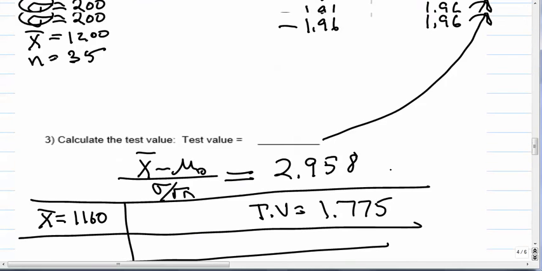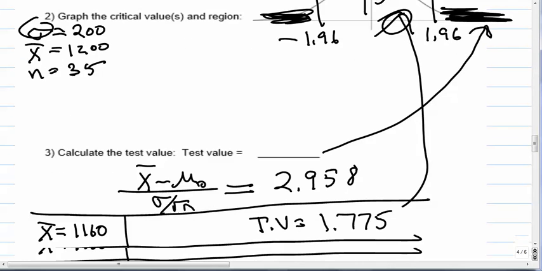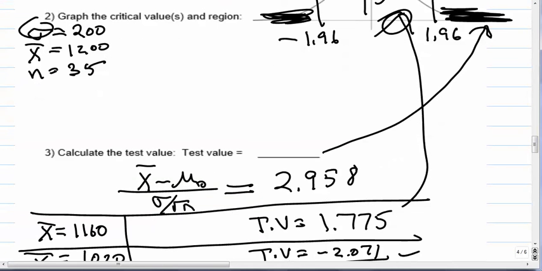In that particular case, that is in the non-rejection region, so you would not be rejecting the null hypothesis. If you find that the x bar turns out to be 1030, and you go through your calculations here, your test value is going to turn out to be negative 2.071, and negative 2.071 is over here, which is a region of rejection, so you would reject.